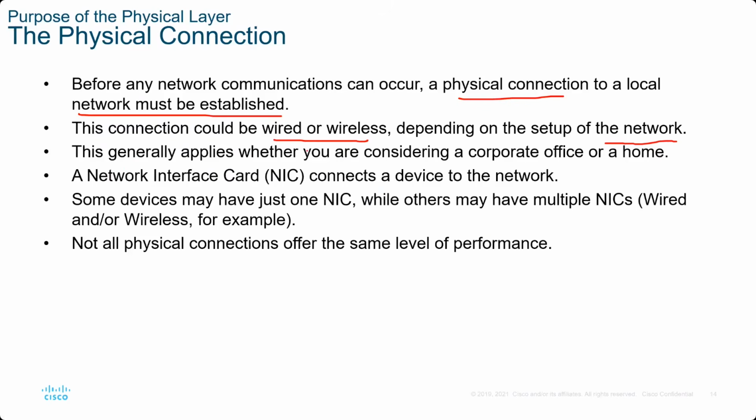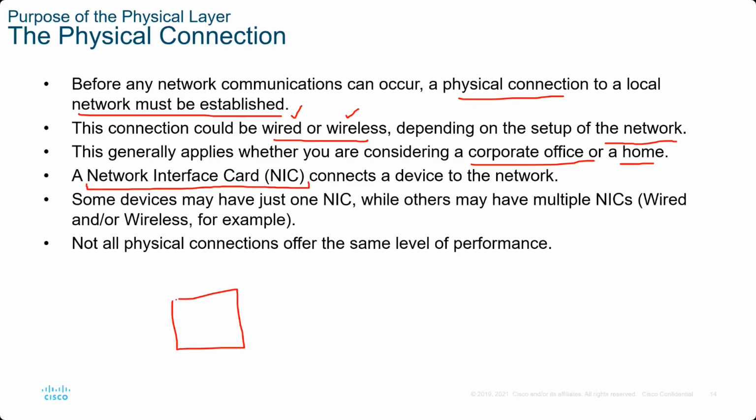So this generally applies whether you are considering a corporate office or home. Again, depending on the situation and the equipment available, you would choose whether your network would be wired or wireless, depending on what devices you have and what cables are available. A network interface card connects a device to the network.